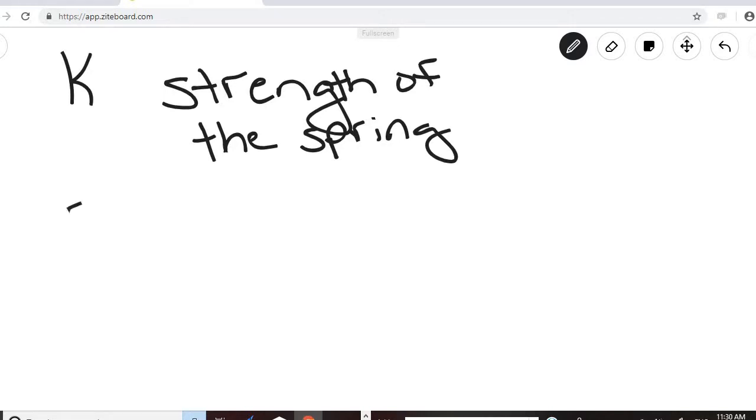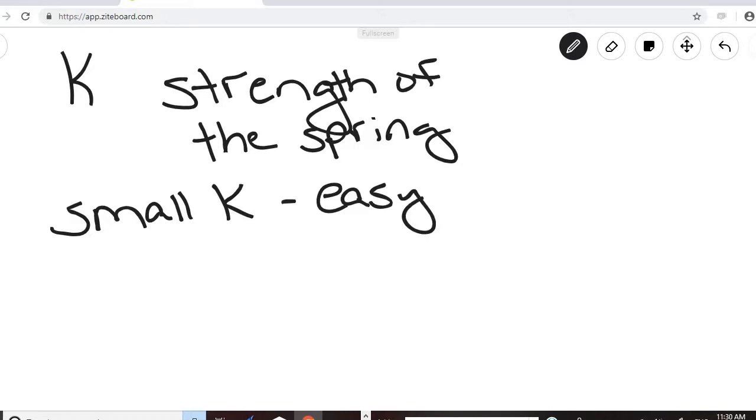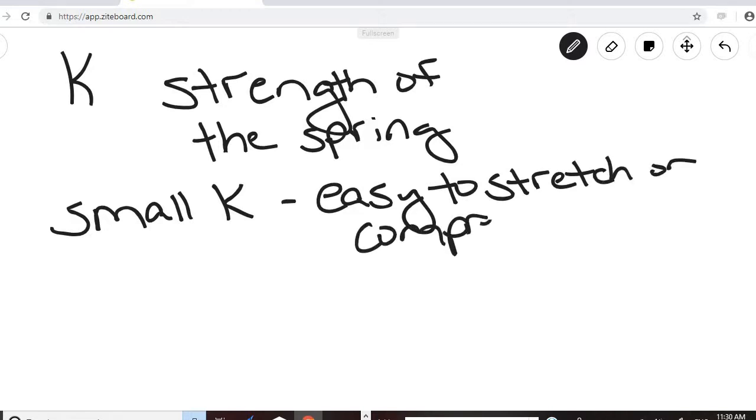So if you have a small k, that means that it's easy to stretch or easy to compress. So in other words, if you think about a spring, if you can easily stretch it or compress it, it's a weak spring.